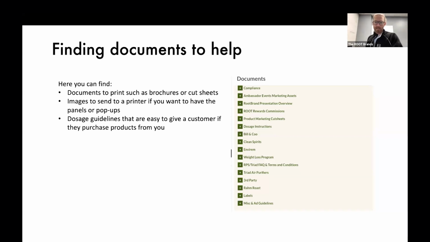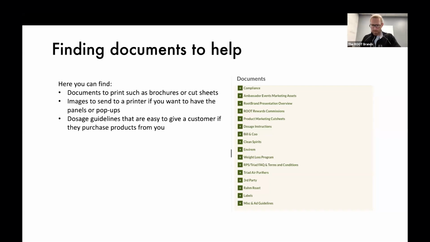What you can find in the documents tab is brochures in any different language that you're looking for, items which you can download and then send to a printer, whether you want to print out a backdrop for a booth, and we'll go through what those look like. You can print out a sticker to put on a ZeroIn so that when you're handing out ZeroIn, you can add a QR code.